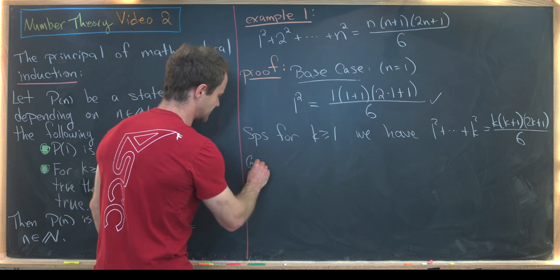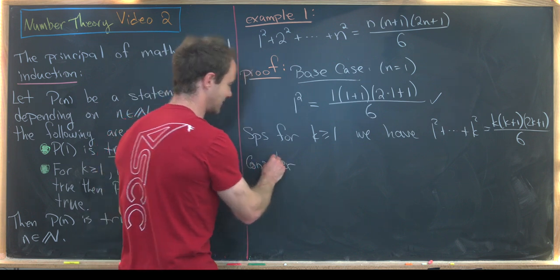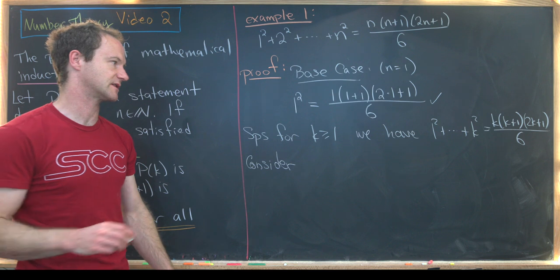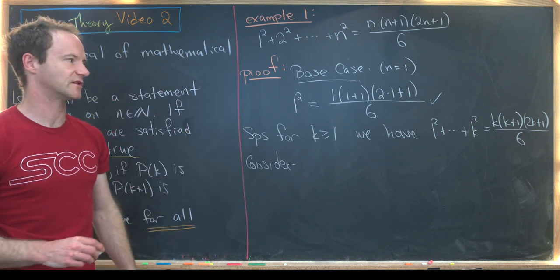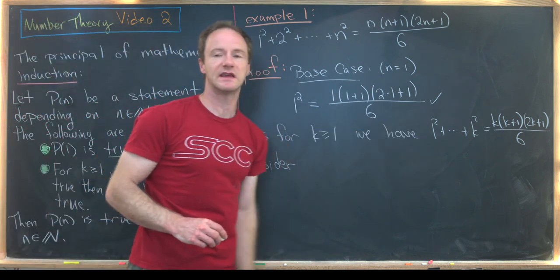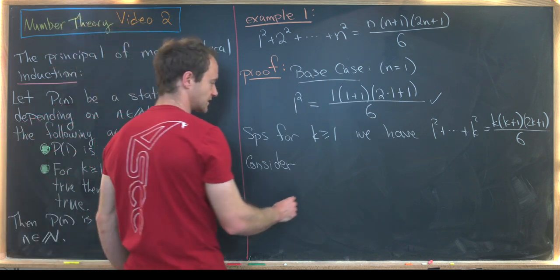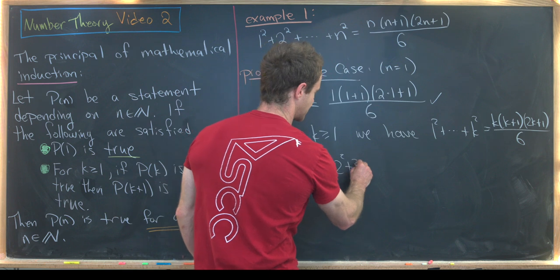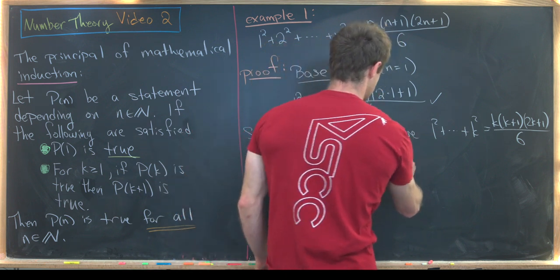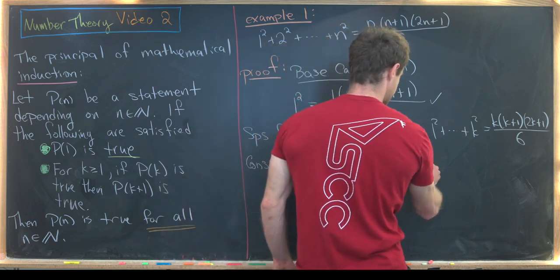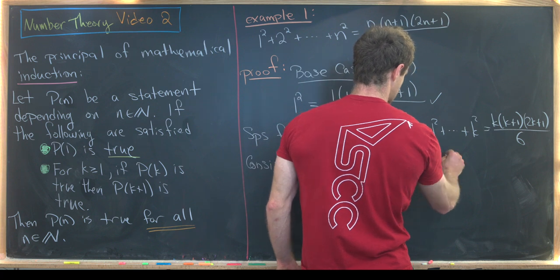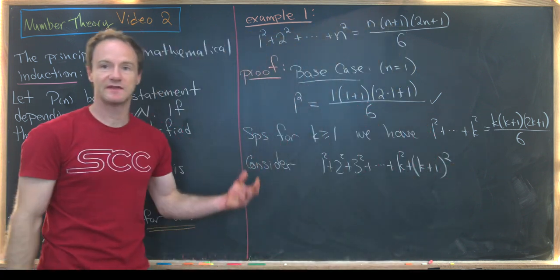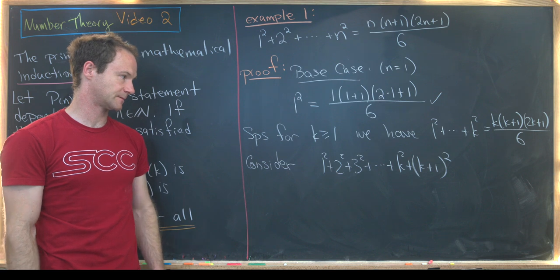I like to use some terminology like consider the k plus first case. But here we'll just consider the left-hand side of the would-be k plus first case. That'll be 1 squared plus 2 squared plus 3 squared all the way up to k squared plus k plus 1 squared. Again, that's the k plus first case.